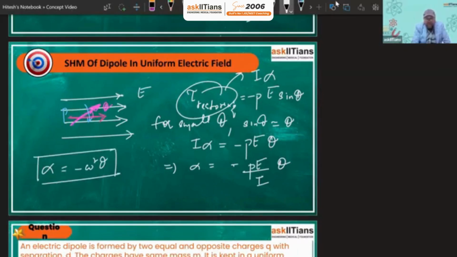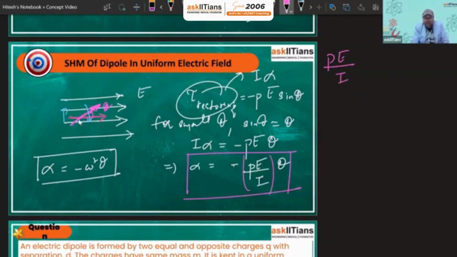So if I compare this equation with this equation, I'll have PE by I, where I is the moment of inertia of this dipole, equal to omega square. That means my omega becomes equal to under root of PE by I.